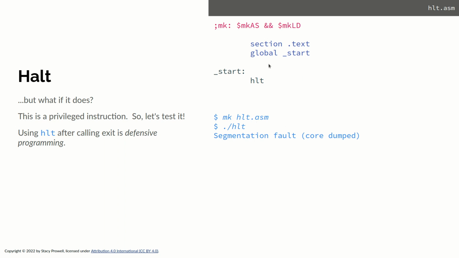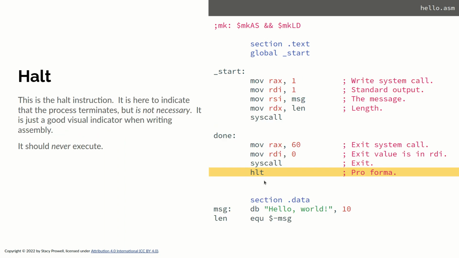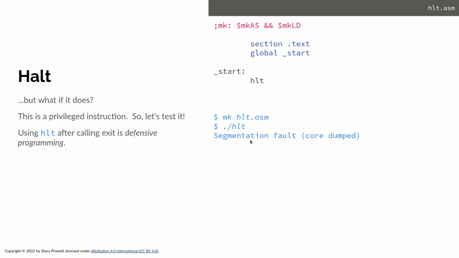That's because this is going to cause a processor trap or a processor exception. So putting it here at the end is sort of pro forma, and it's kind of defensive programming. If for some weird reason we screw something up and this syscall returns, this will trigger an exception which will halt our program. It's supposed to halt anyway, but this will make sure that it halts. Okay, that's why it's there.